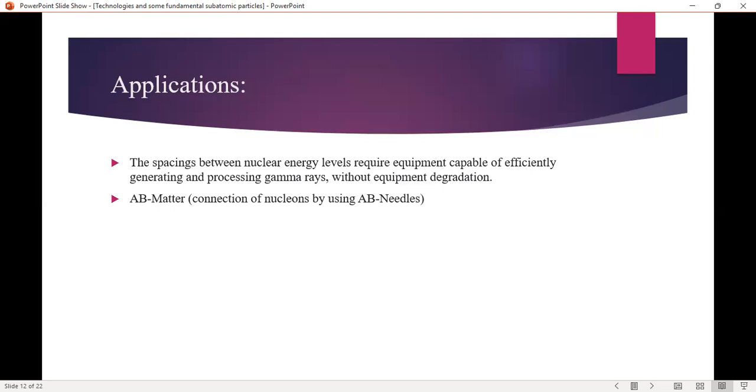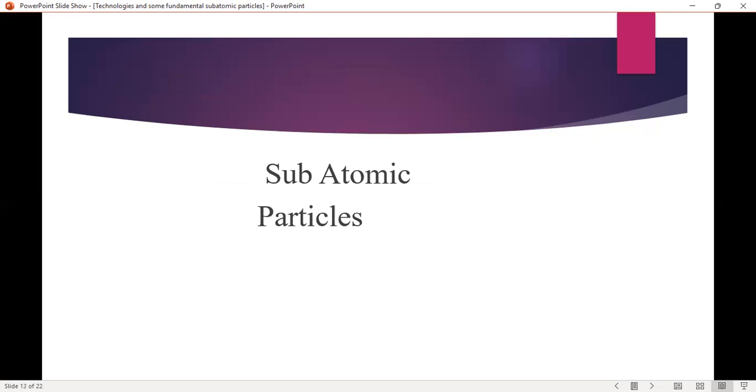As we know, protons and neutrons are both present inside the nucleus. How they are located in the nucleus, we find from AB needles. These AB needles will tell the distance present between protons and neutrons. This is femtotechnology. Now I will tell you about some subatomic particles.